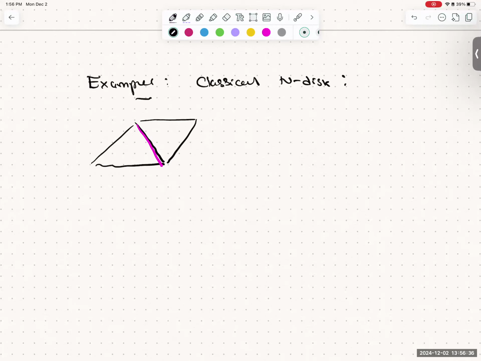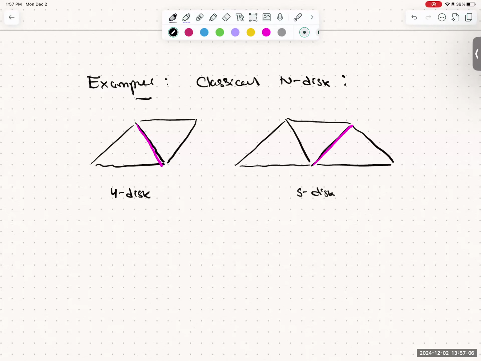We will call this a four disk, and we parameterize these by the number of edges on the boundary. If you iterate, you glue the previous space along a new edge with a new two simplex. This is a five disk, and so on.